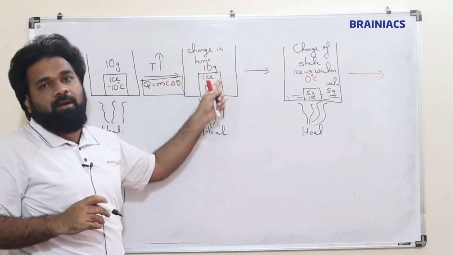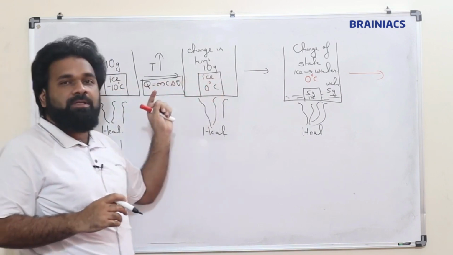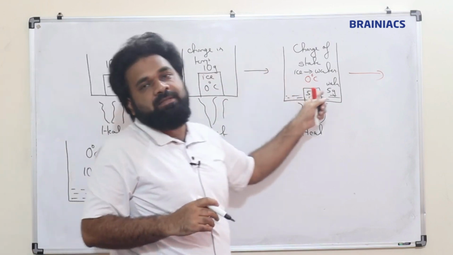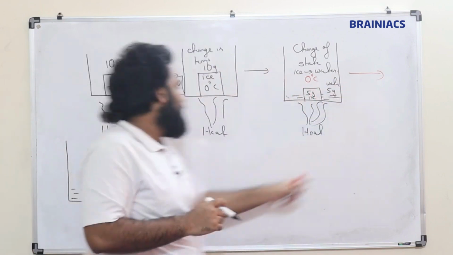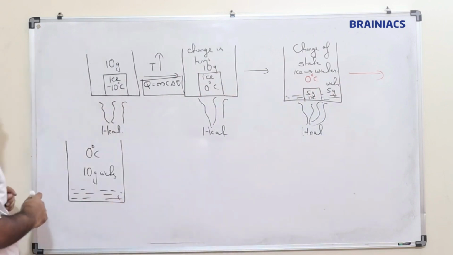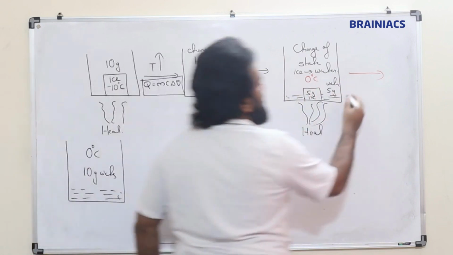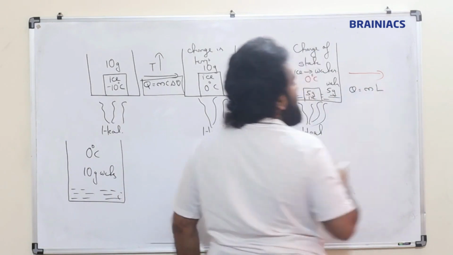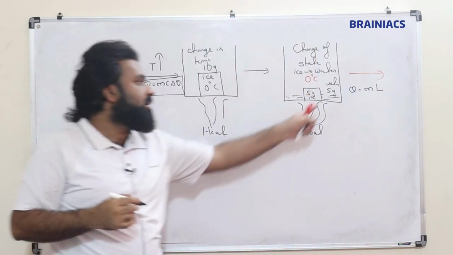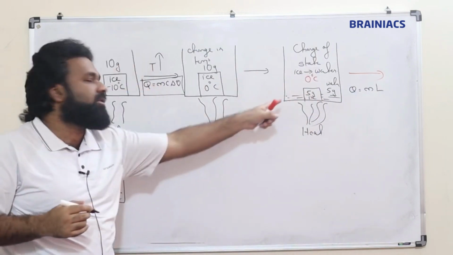Then it became 10 gram of ice at 0 degrees Celsius. Then it starts converting into water: 5 gram of ice, 5 gram of water. Now it is completely converted into water. So how much heat is utilized here? Q is equal to ml. Is there any change in temperature between these two states?